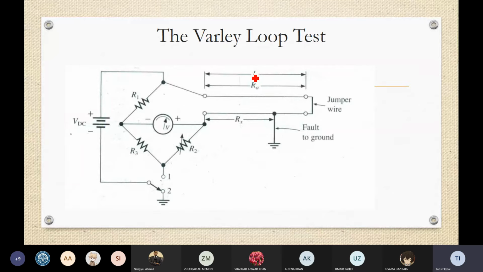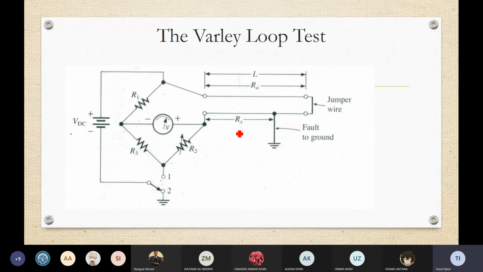So in this case the condition is that we should have a pair of normal cables without fault, so that we can use a jumper wire to patch two cables of the same length, and therefore find out the resistance of that specific length.